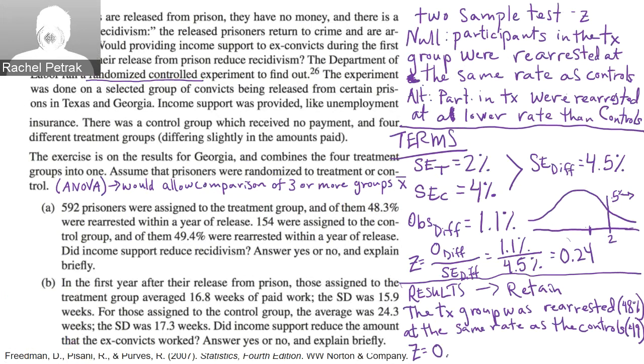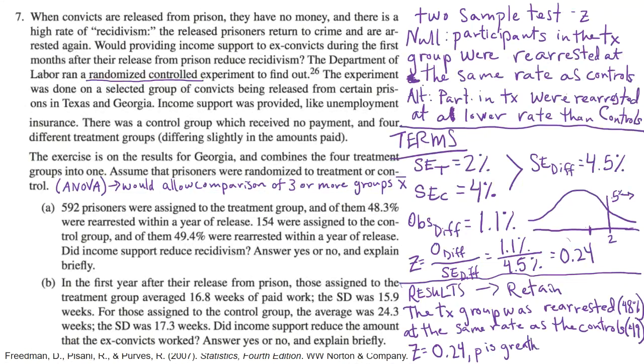Z equals 0.24, and you could give the exact p value, but rather than take the time to look it up, I'm just going to say that the p is greater than 5%. Okay.